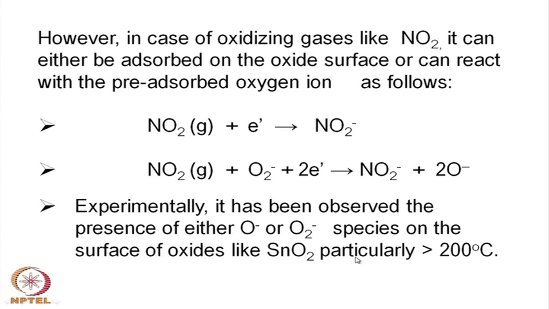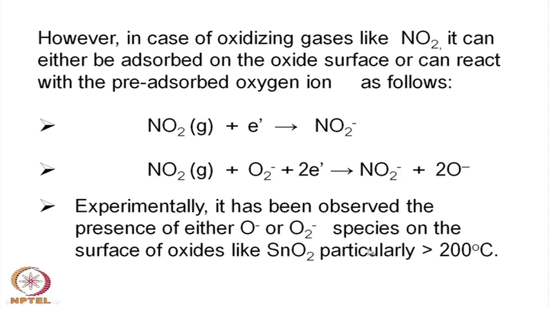SnO2 incidentally is a very common n type oxide, and it is an oxygen deficient oxide, SnO2 minus x actually. So, there is a non-stoichiometry there, and it has n type conductivity. This is a very important oxide which has historically been used as a gas sensing oxide.